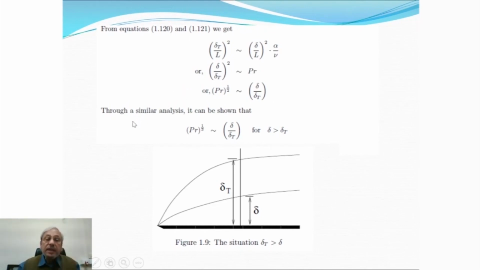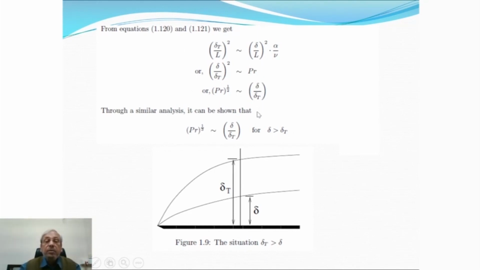Just the other case, that means when δ is greater than δ_T, we have not discussed that. I am leaving it to you, having undergone this analysis that I have just done.